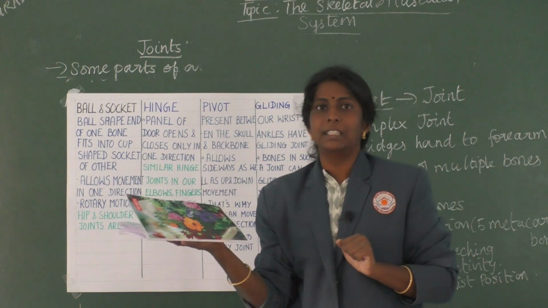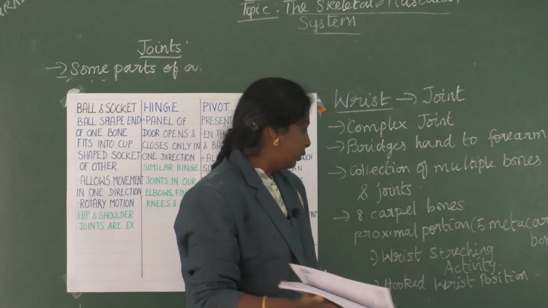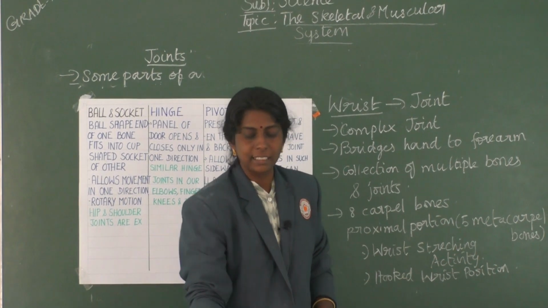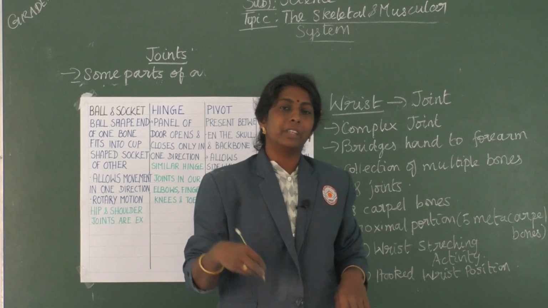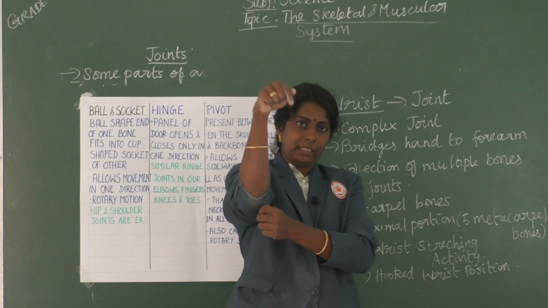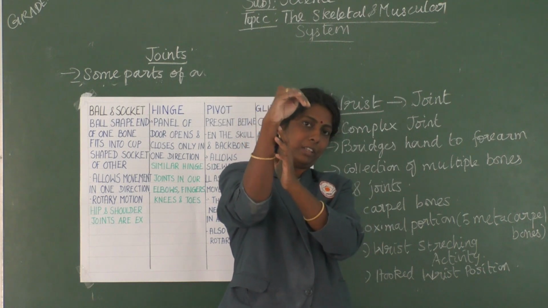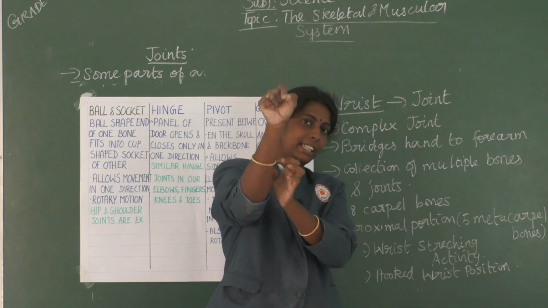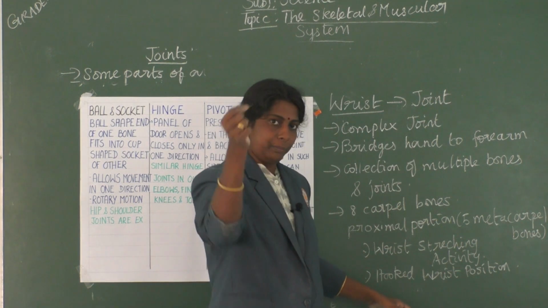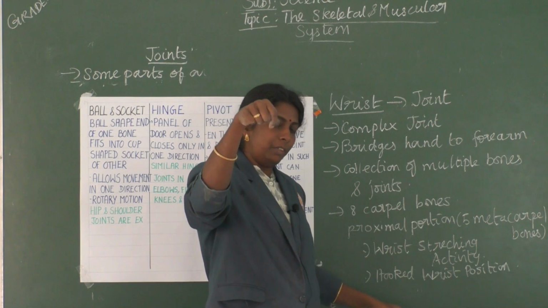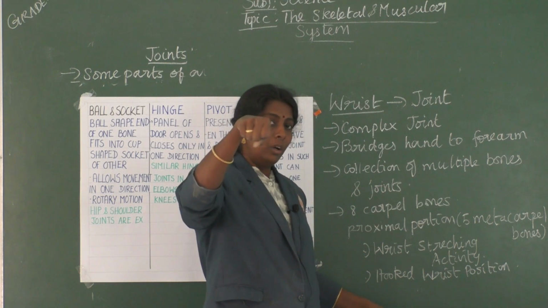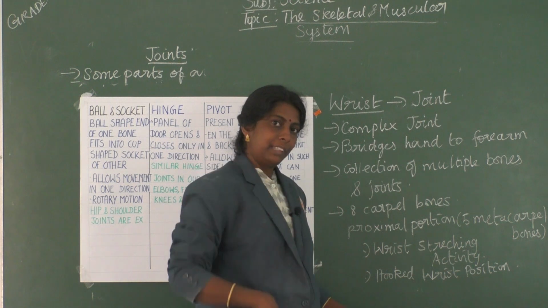That is number 1. Number 2, you are going to do the hooked wrist position. Hooked wrist position means, when you are writing with a pencil or pen like this, you will bend your fingers, right? Do that while you are writing, and observe what joint is present in your wrist.